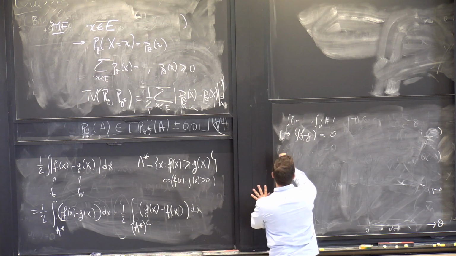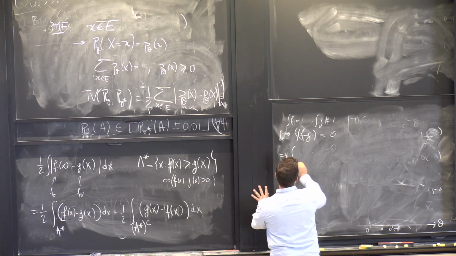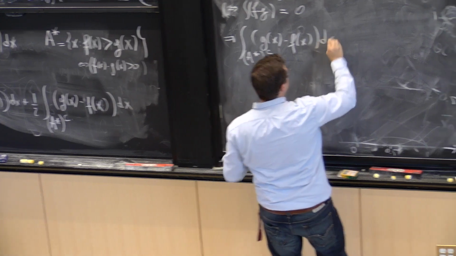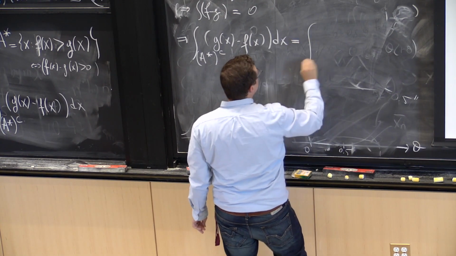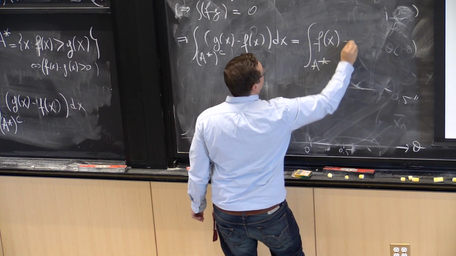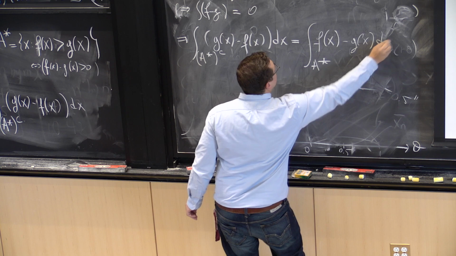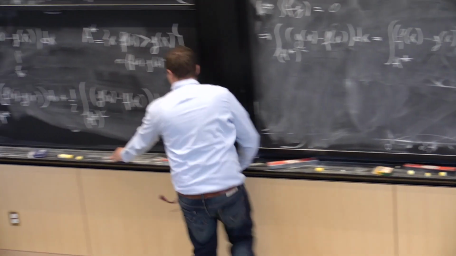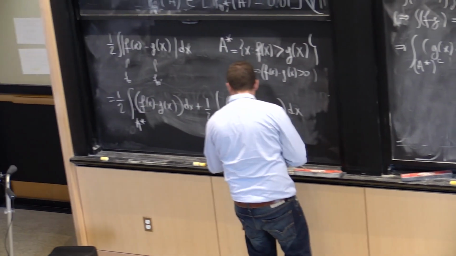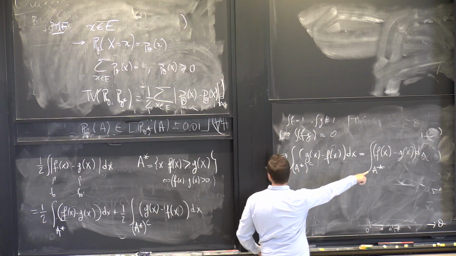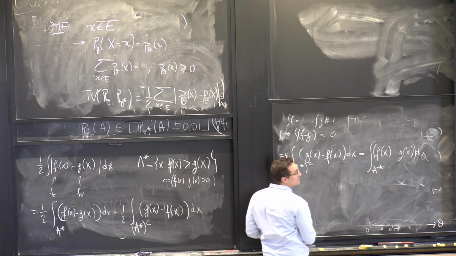So that implies that the integral on A star complement of g of x minus f of x dx is simply equal to the integral on A star of f of x minus g of x dx. Okay? All right. So now this guy becomes this guy over there.